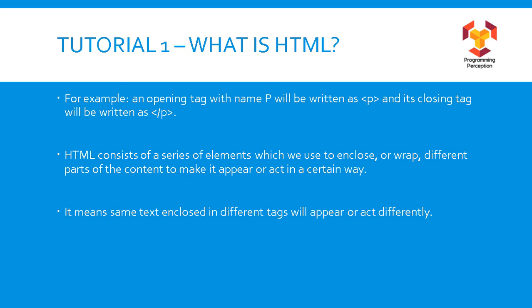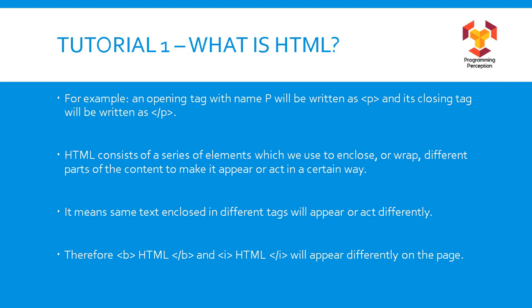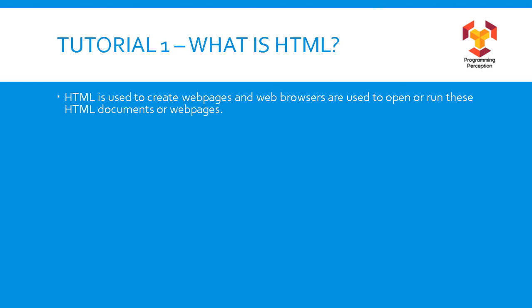HTML has a variety of elements, a variety of tags, and different tags format the text differently. So if I place the same text HTML in two different tags, like here I have pasted HTML between B and HTML between I, because the tags are different, this text will appear differently. HTML is used to create web pages, and web browsers are used to run these HTML documents.